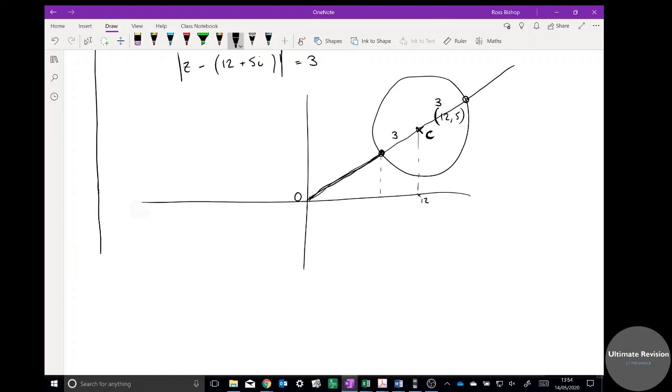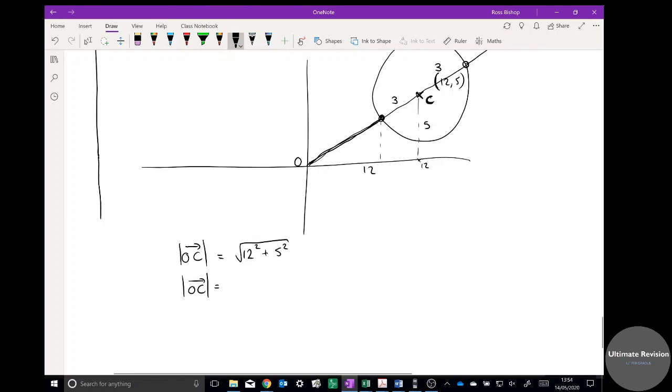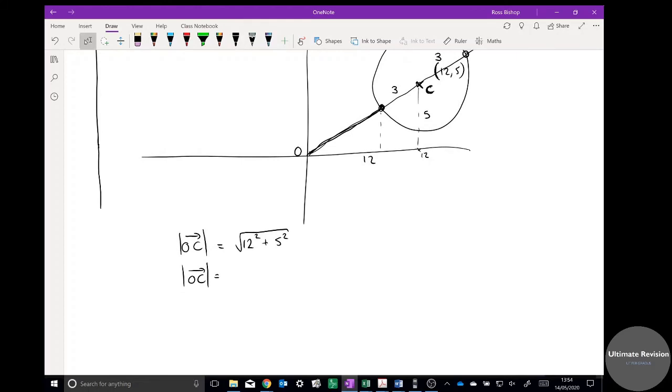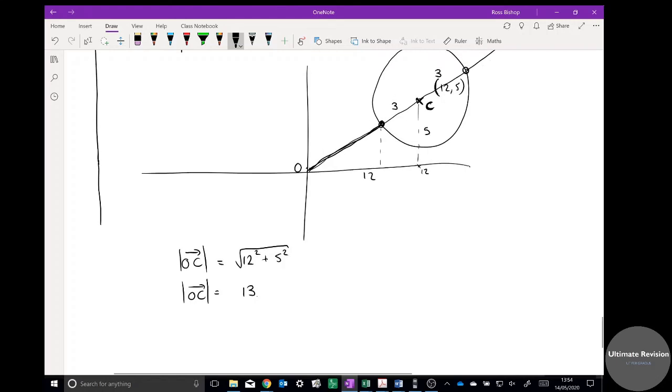I know the distance from O to the center. That's just Pythagoras. It's 12 squared plus 5 squared rooted. So O to C is going to be, that's quite a nice value, that's 13. So that whole distance there is 13.